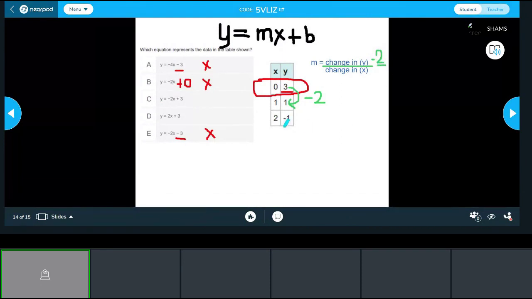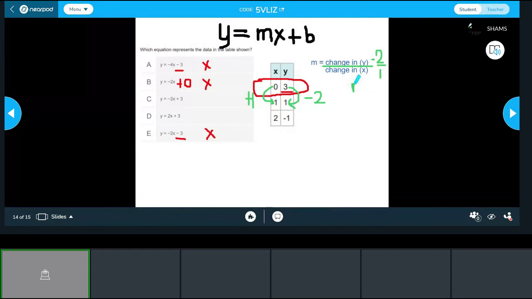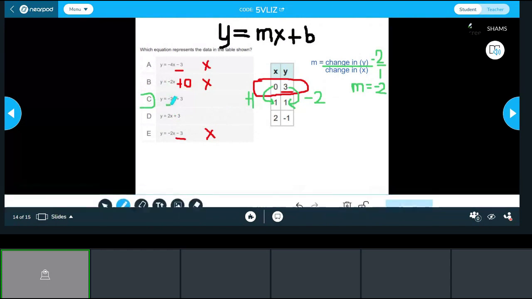Change in x, from 0 to 1, is just adding 1. Right? So negative 2 over 1. A number over 1 is the number itself. I can say that in this case, m is negative 2. M is negative 2, just negative. And therefore I can say C is correct because it says m is negative 2.